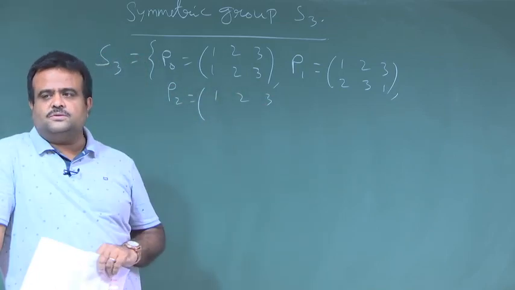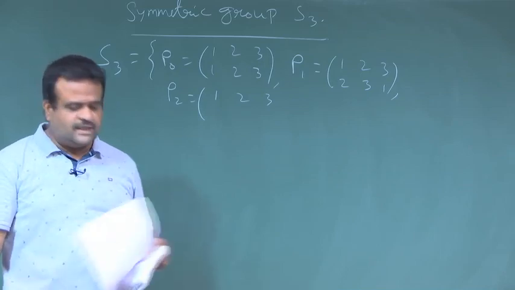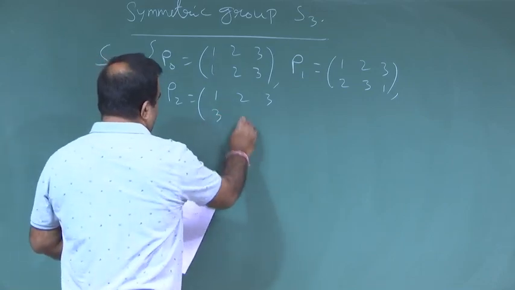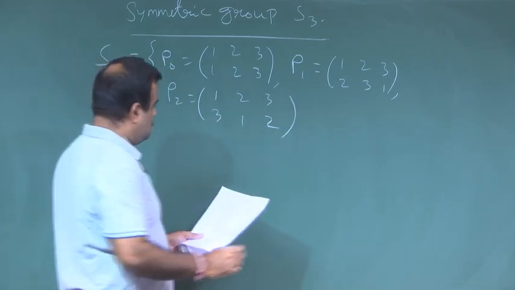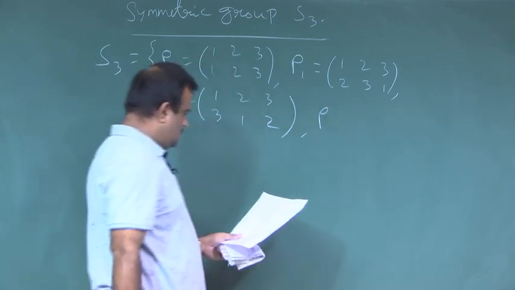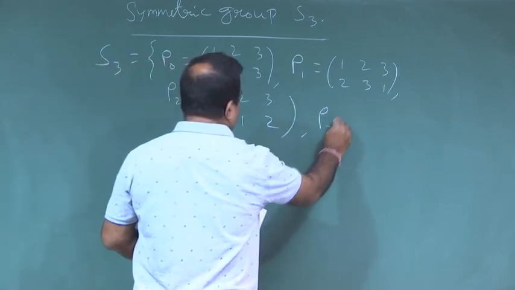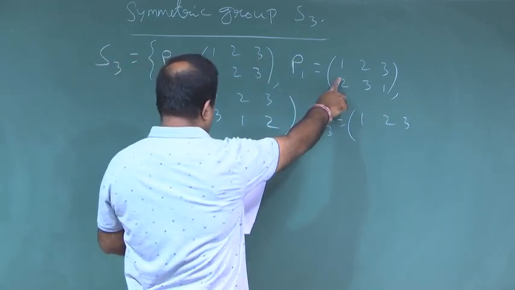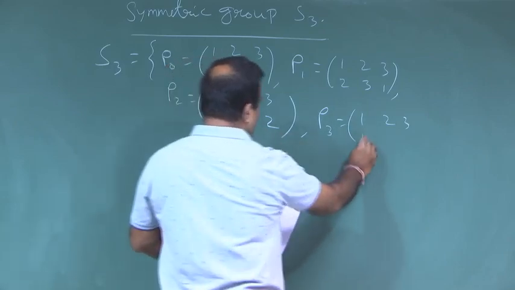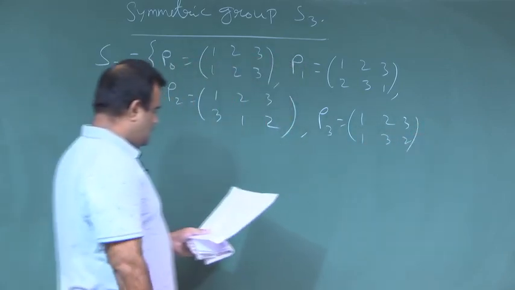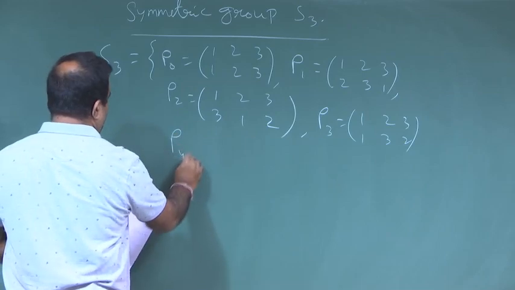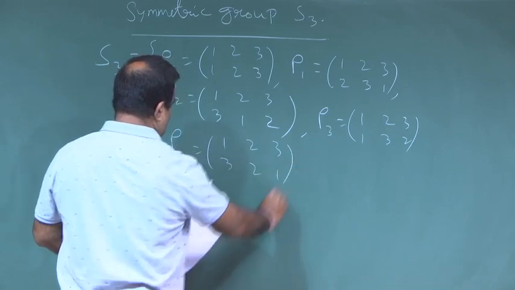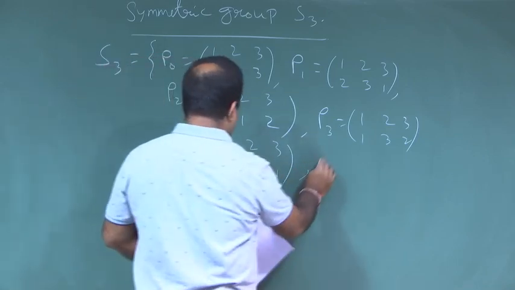So, how many permutations are possible? There are 3 elements. So, factorial 3, 6 permutations are possible. So, let us just write all possible permutations. 3, 1, 2, this is denoted by P2, P3 is basically 1, 2, 3. So, this is P1, 1, 2, 3, then 1, 3, 2, and then P4, it is basically 3, 2, 1, and then P5.